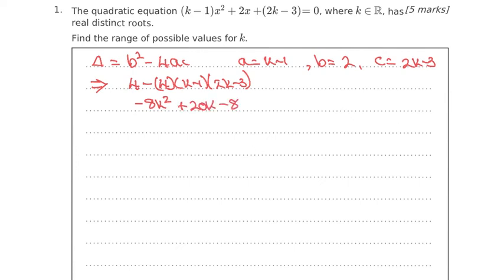We now need to factorise this to find the critical points. Therefore, we get minus 8 times (x minus 1/2)... that is, (minus 8x plus 4)(x minus 2). Find the critical points. So minus 8x plus 4 equals 0, or x minus 2 equals 0.